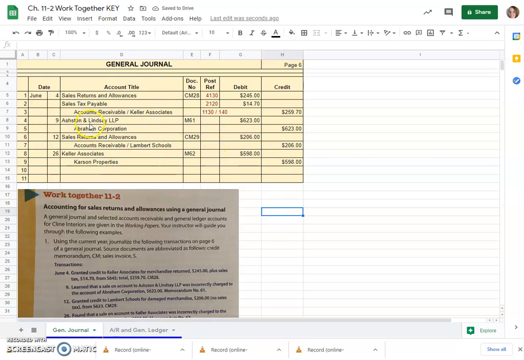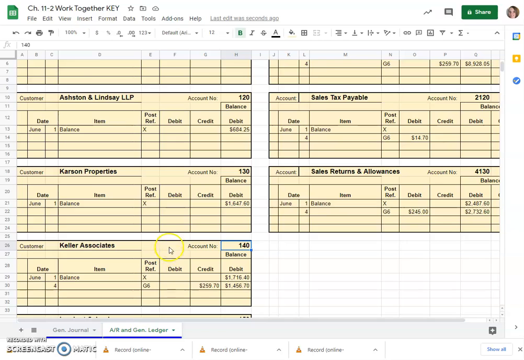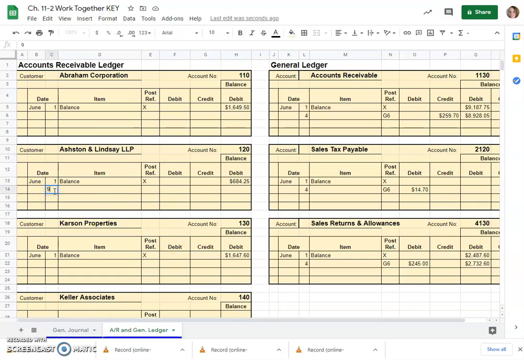Next entry, on the 9th, Ashton and Lindsay, $623 debit. Ashton and Lindsay on the 9th, $623, G6. Can't hardly say that. Okay. And the previous debit plus this new debit is the balance, and account number 120.